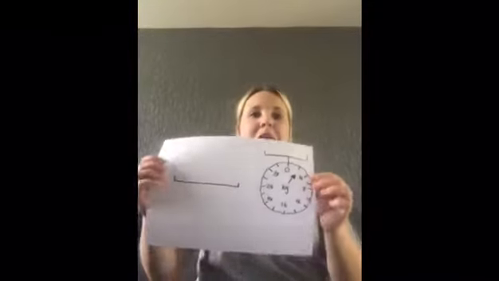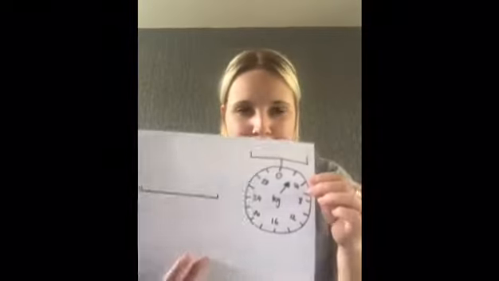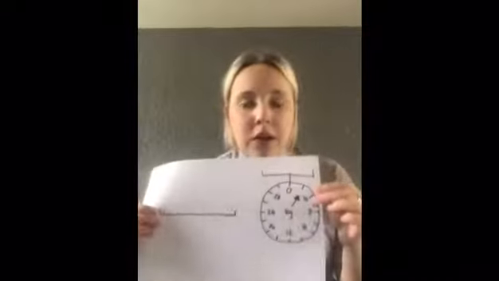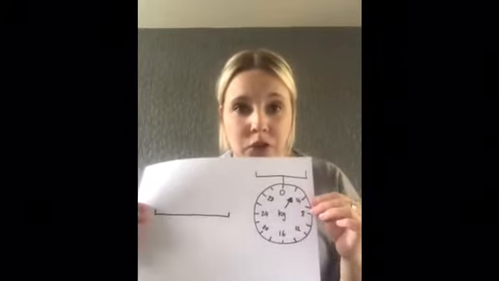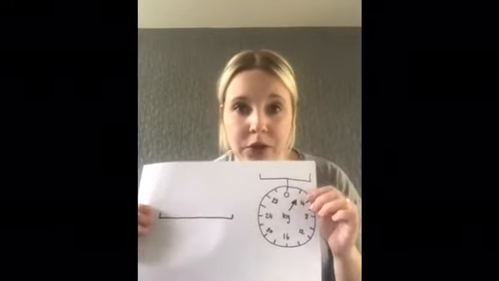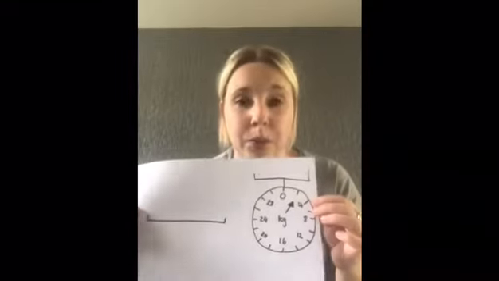And you can also get analog scales, okay? And I've drawn an analog scale here. It's not as accurate as it could be, but there we go. So this is my analog scale, okay? Now, some analog scales are very easy to read because you put your object in the top to weigh, and it will point to a number, and that will tell you how much your object weighs, what the mass of the object is, okay?